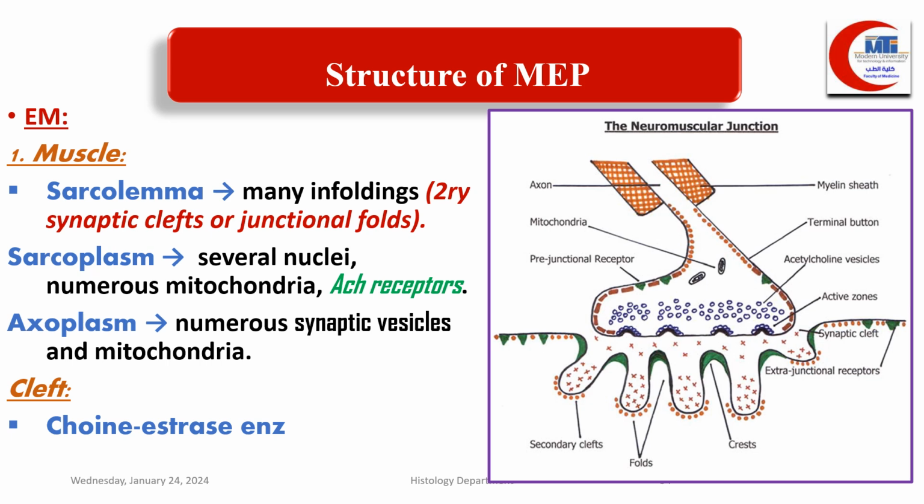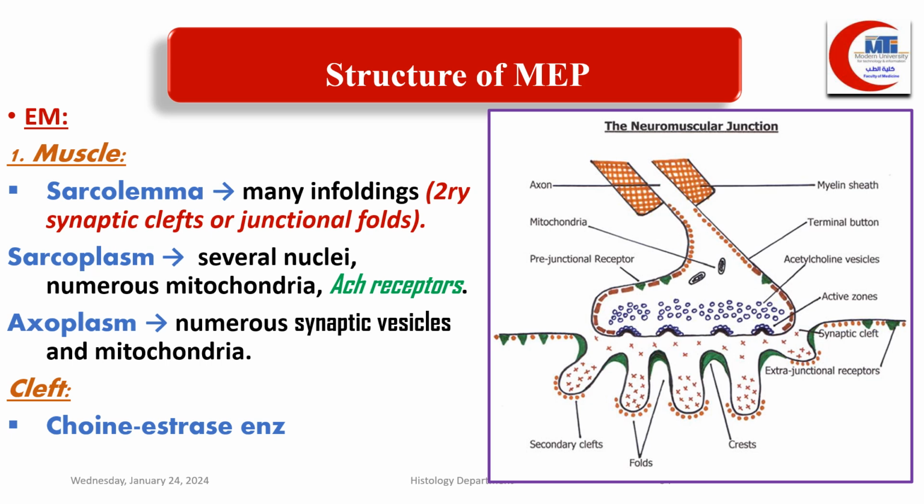This axon loses its myelin sheath and makes a wide area which comes in contact with the muscle fiber. Inside the cytoplasm of the axon I can see mitochondria and presynaptic vesicles, which are rounded structures.